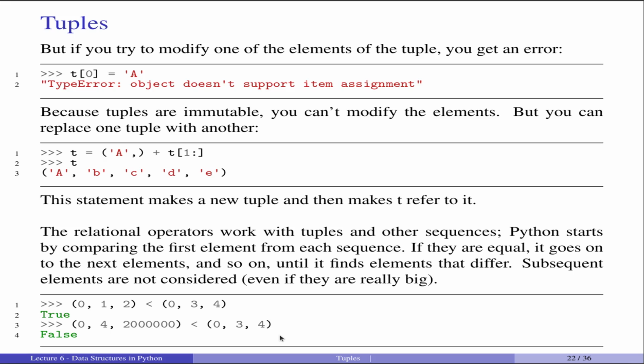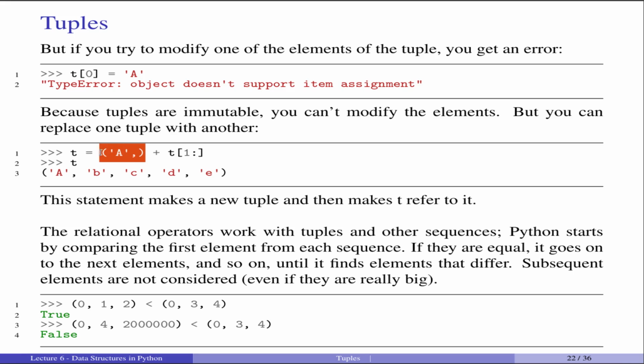So that means I can completely replace a tuple, but I cannot modify elements of a tuple. Alright, so notice, here we are doing an interesting thing: we are assigning a new tuple to T, a completely new tuple, which has the first element as a capital A. Remember, we are creating a tuple here by combining the string A and appending a comma in here.